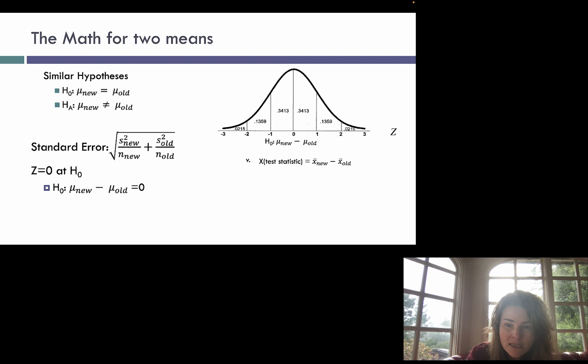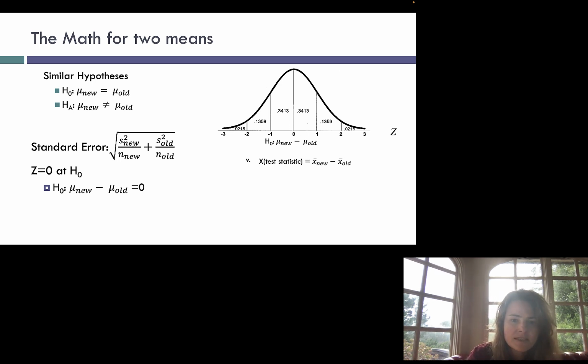The math for two means is a little bit funny. It's a little bit messier, which is why we usually postpone teaching it, even though I think it's a little bit more practical and handy. So what you're going to do is take the standard deviation squared for both the new and the old, the two means, divide them by their n's, add the two together, and take the square root of the whole thing.